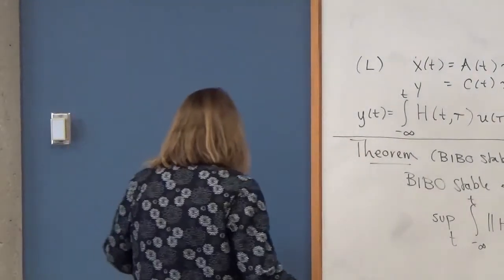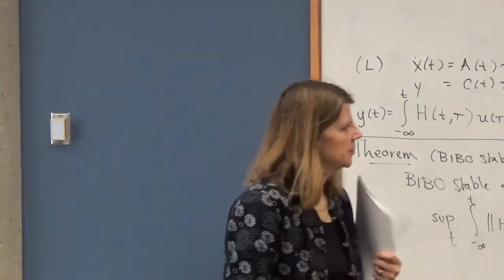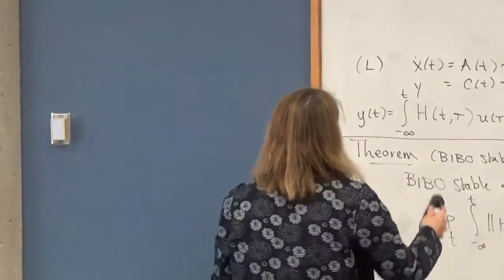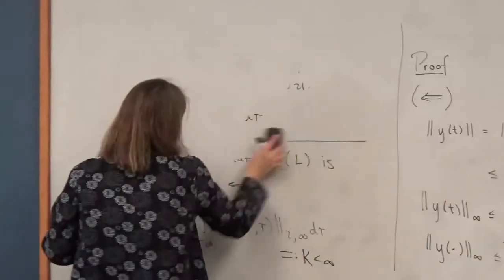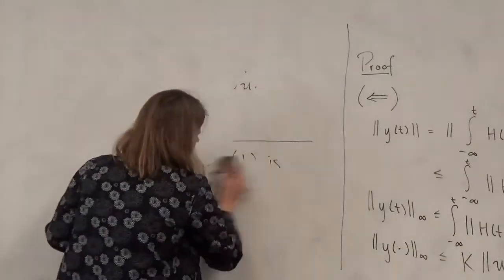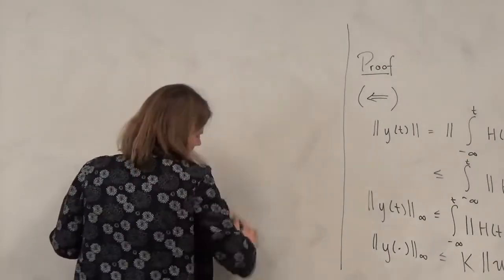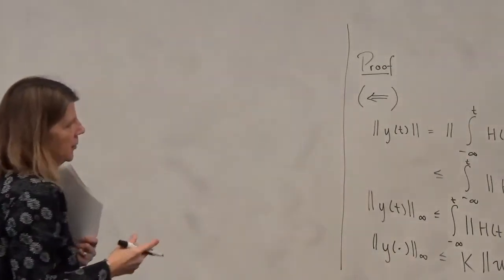So, all right, what does that mean? Now I'm going to translate this into something slightly weird. So we'll erase our linear time-varying system. Our goal here is by contradiction: we're trying to prove that if this is true, the system is not bounded input, bounded output stable.